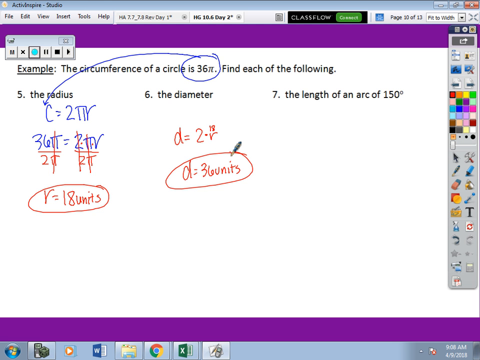And they also want us to find the length of an arc of 150 degrees. So we're going to use the arc length formula. That's 150 divided by 360 times 2 times pi times 18, or you could just do times 36 pi, which was your pi d.